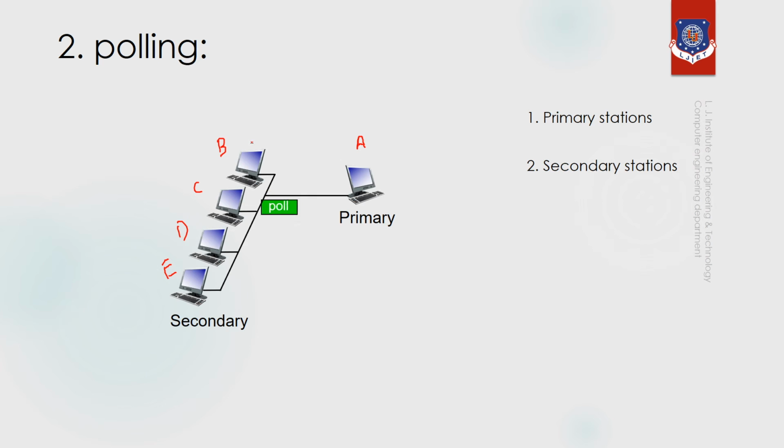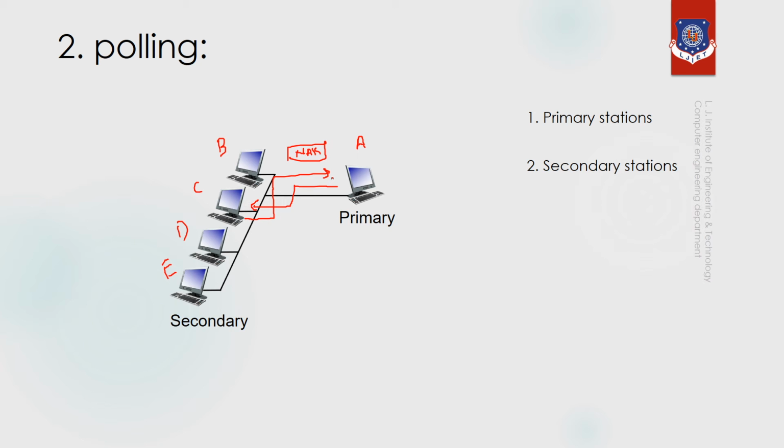Suppose device A is asking device D, then D will reply with data, right? Now, device A is asking device C for data, and suppose device C has no data, so device C will reply with a negative acknowledgement. So device A will understand that device C has no data to send.